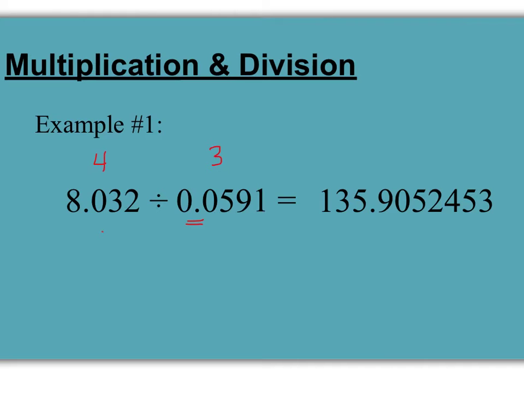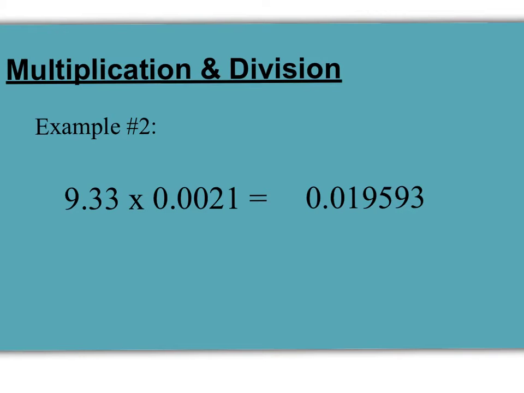So, of the 2 values in your problem, this one right here has the fewest total significant digits. It's got 3. You need to round your final answer to 3 significant digits. This will make our final answer 136, the 9 rounding the 5 up to a 6.